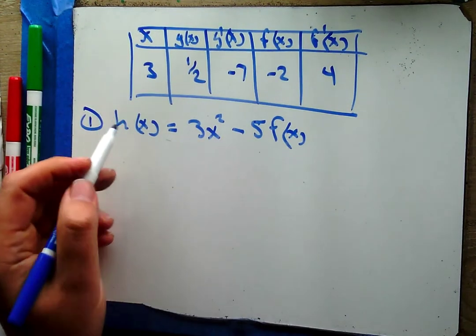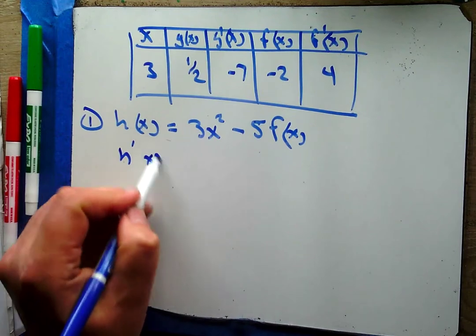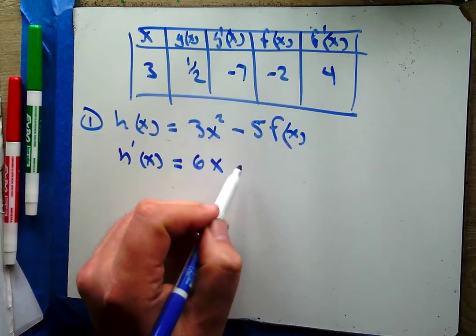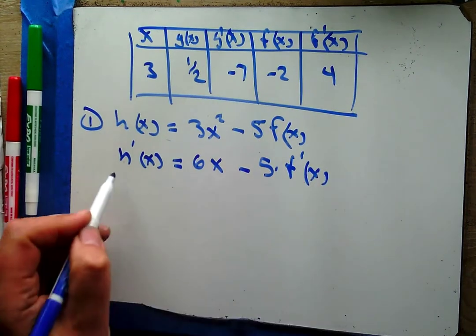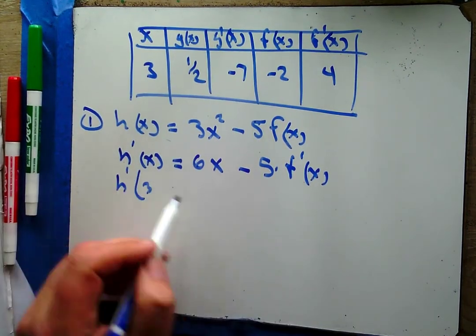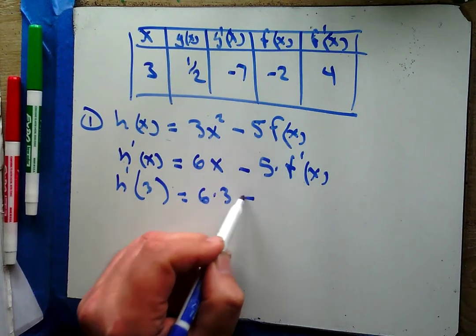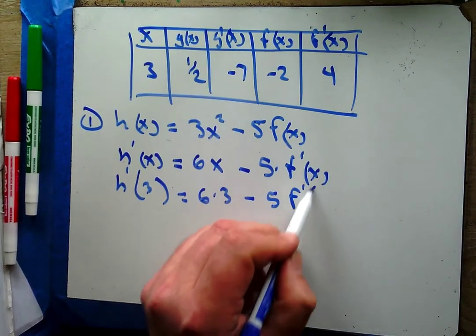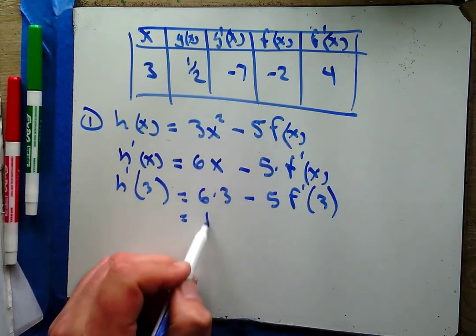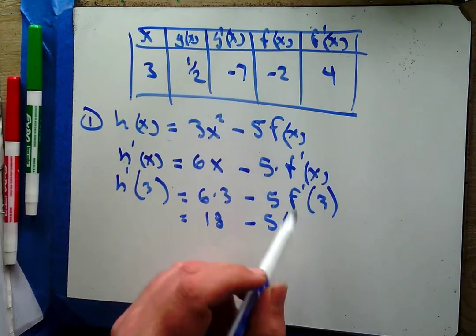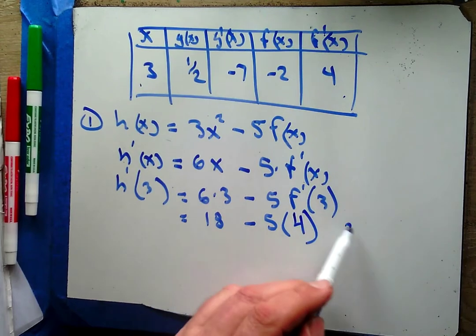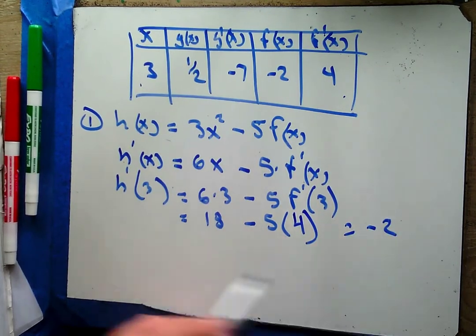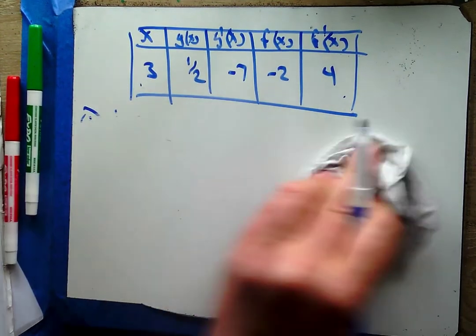Okay, so here I'm going to say h prime equals 6x minus 5 times f prime of x. So if I want h prime of 3, that's going to be 6 times 3 minus 5 times f prime of 3, or 18 minus 5 times f prime of 3 is 4. So 18 minus 20 is -2. All right? That's how this works.